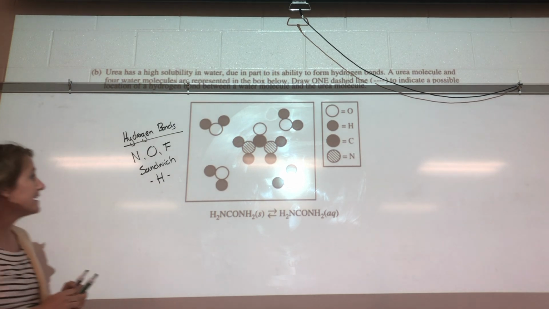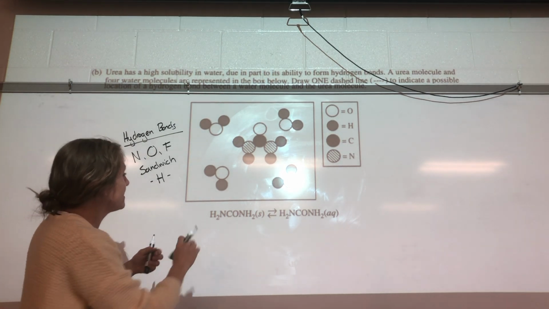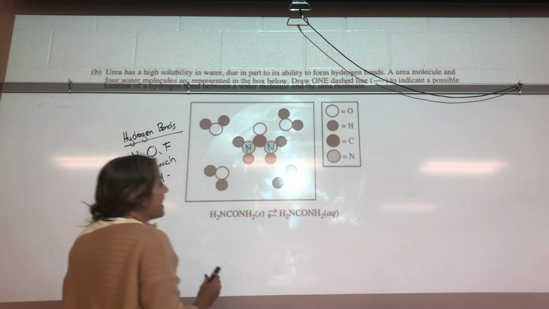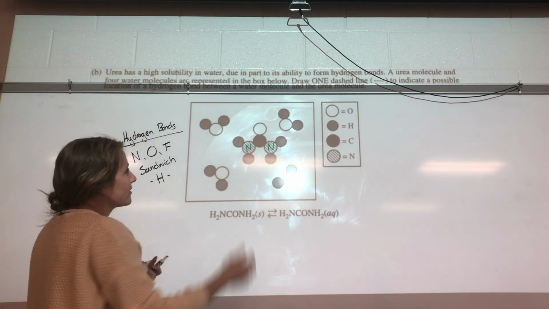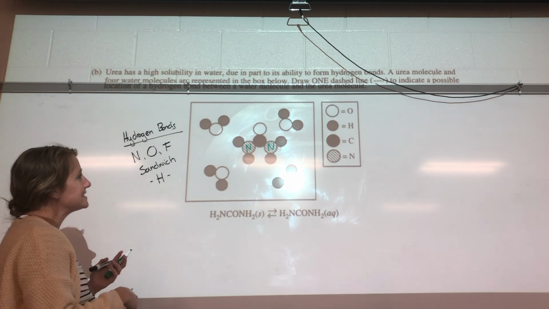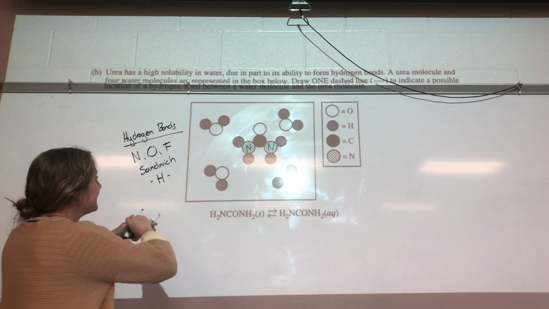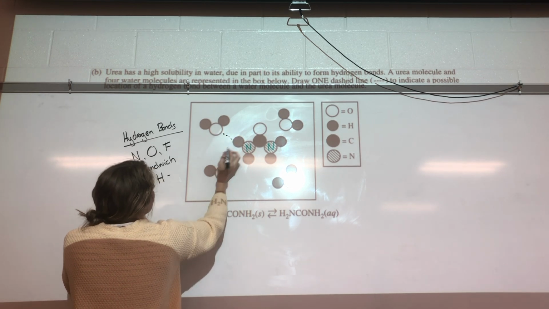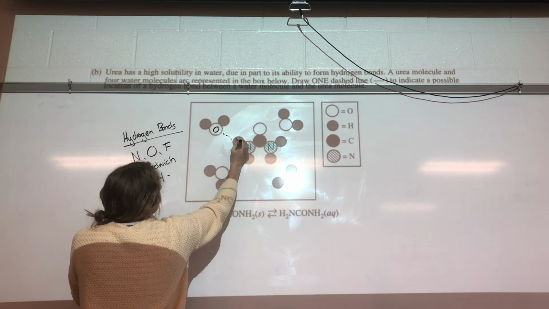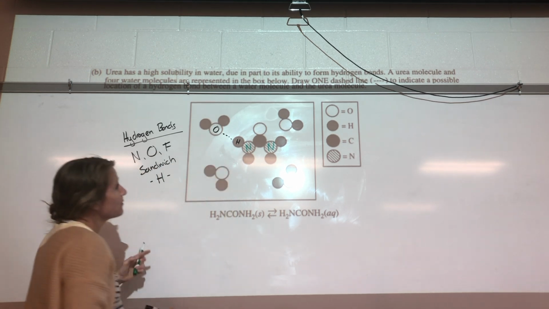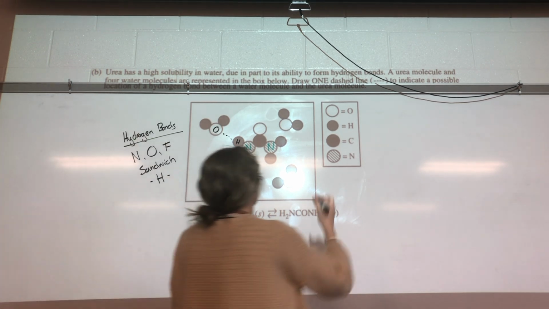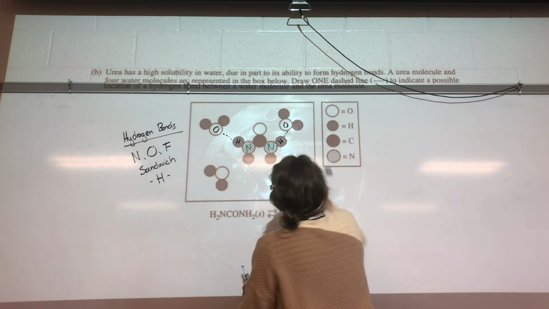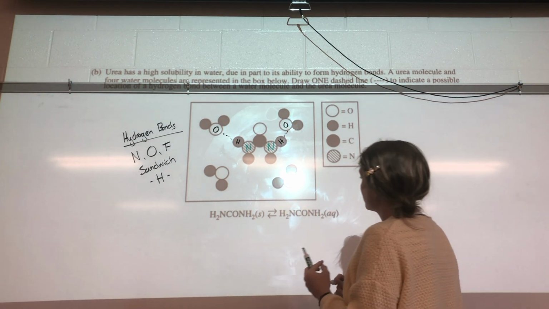One place where this could happen, I'm going to draw in. This is an N, that's an N, and all of our clear ones are O's, the dark one is the C. So you could have drawn it here, so here's my H. Here's your O-H-N sandwich, so that would work. It looks like you could have also done one here. You only had to do one, but I'm showing you all the possible locations.